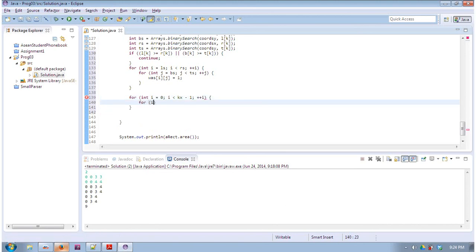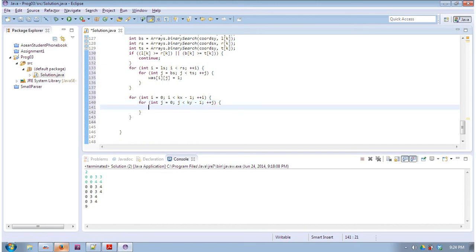And j is equal to 0, j is less than k1, plus 1, j. Why is there minus 1? Because we're just getting the left side for x, and the bottom part for y. There's a plus 1 in the formula, don't worry.